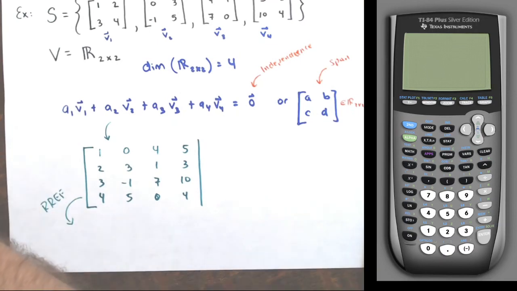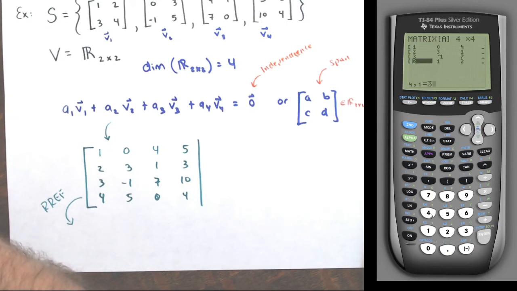And again, back to the calculator. You can do it by hand using elementary row operations, Gauss-Jordan elimination, but I'm going to save some writing time here. So it's still a 4 by 4. Just entering all these entries.